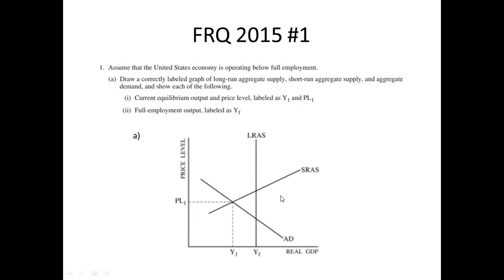Yes, but below full employment means that our unemployment rate is actually higher. Okay, we have not reached full employment yet, is what that means. Okay, so we have our long-run aggregate supply, equilibrium's PL1, Y1, YF goes right under the long-run aggregate supply curve. Okay, make sure you label your axes, real GDP, price level, boom, should be done.